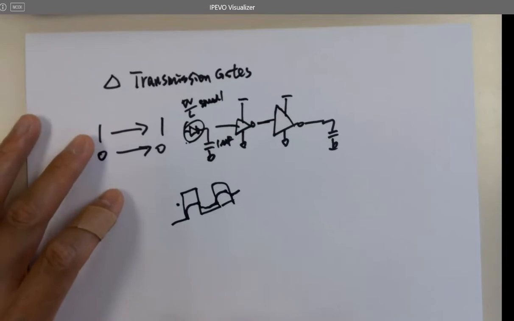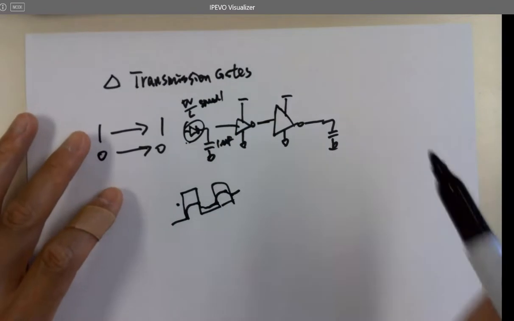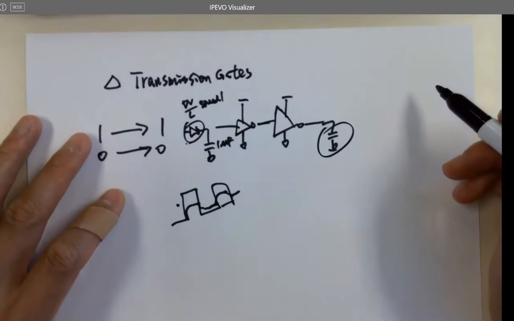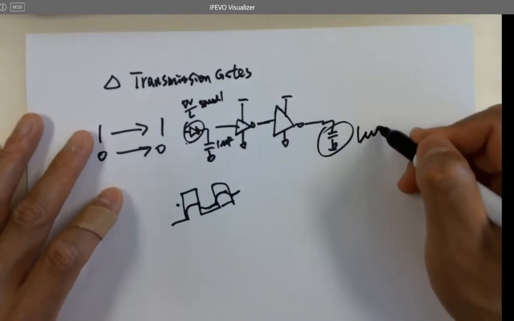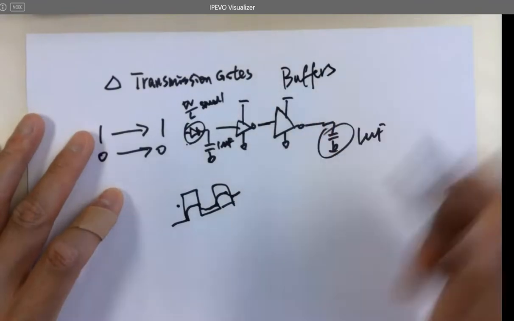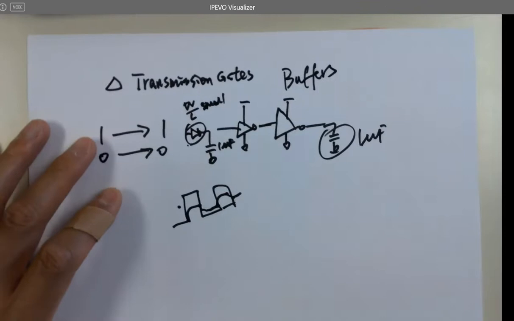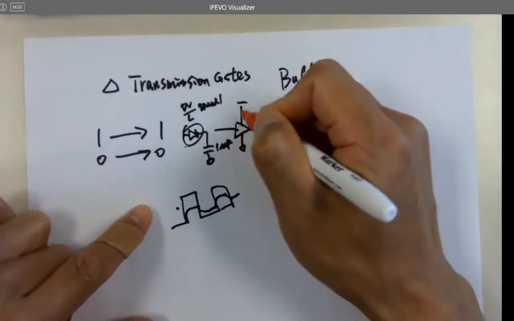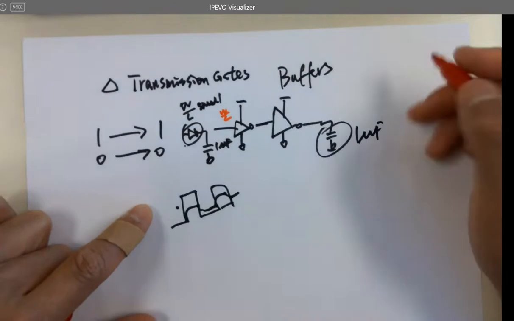So how do we improve it? The same pulse, same frequency, same load. These are called buffers. How that works is that these have a bigger width to length ratio.